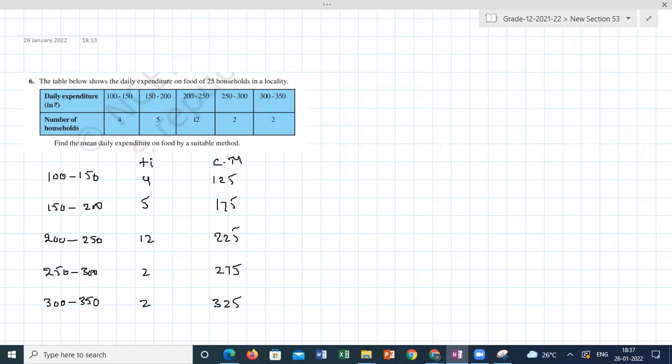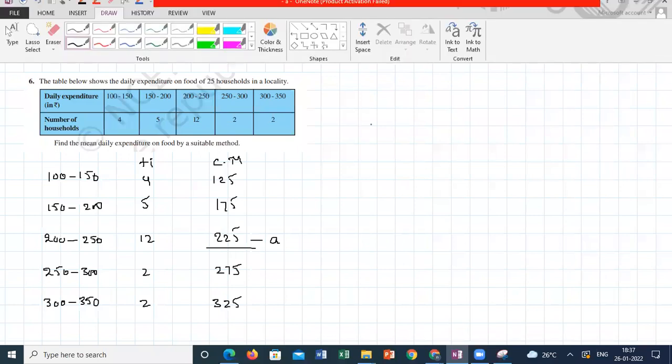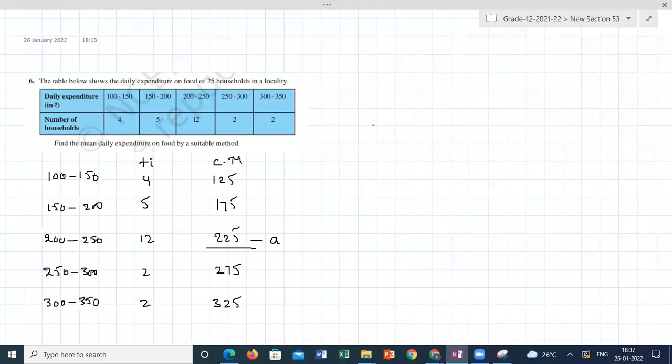So how to take the mean? 450 by 2 means 225, so this is the a value. This is my assumed mean, 225.